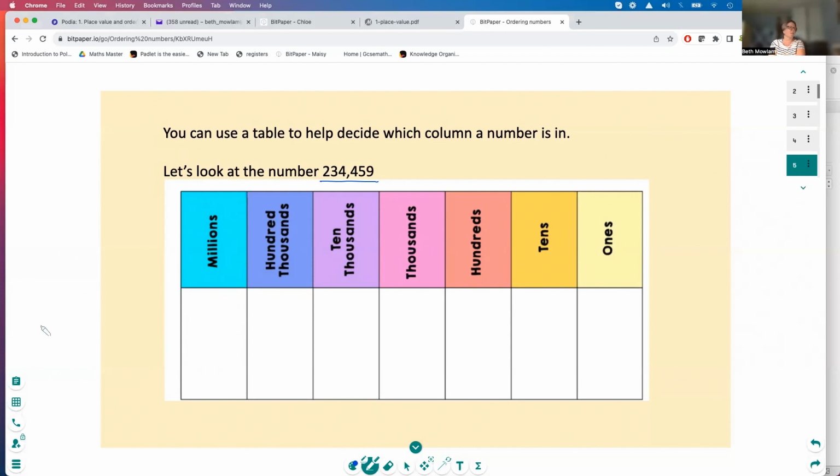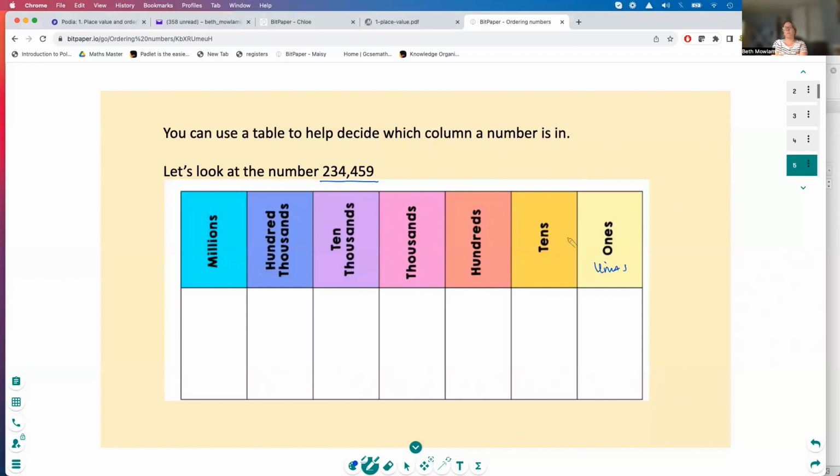The easiest way to do this is create yourself a table that looks like this. The lowest whole number, so if it's got no decimal point and no decimal places, we'll look at those later, is going to be your units or your ones. Some people learn that as units, some people learn that as ones.